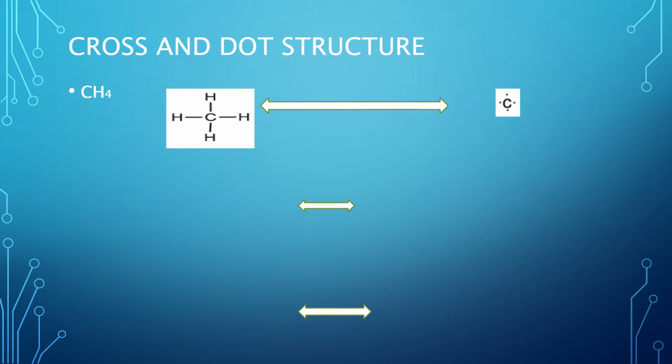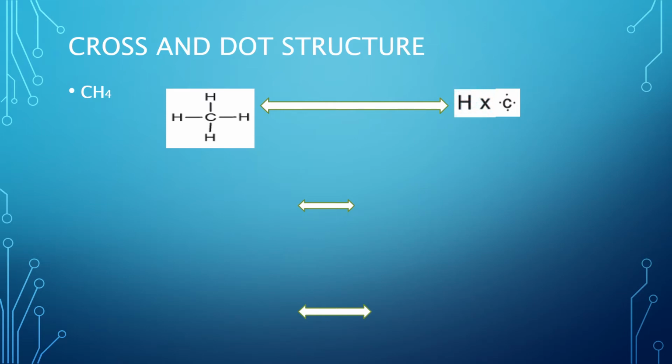So for writing the cross and dot structure of methane, we will write down the carbon, and the number of electrons are shown by the dots. So valence electrons are shown. Carbon has 4 valence electrons, so the valence electrons are put down in the form of dots.